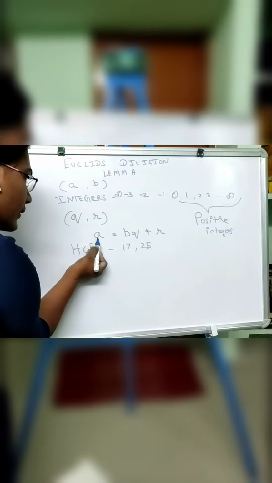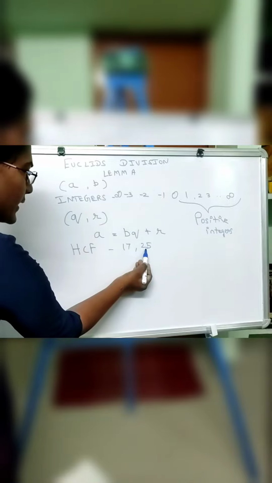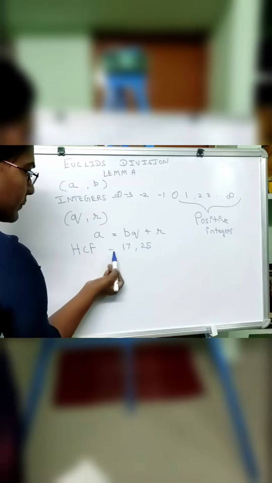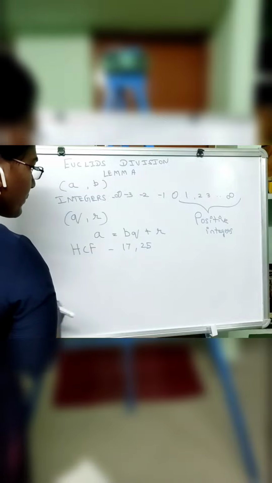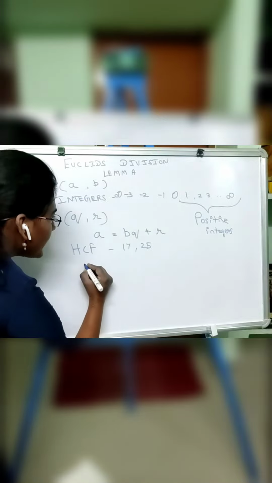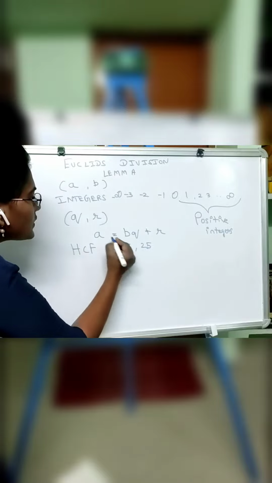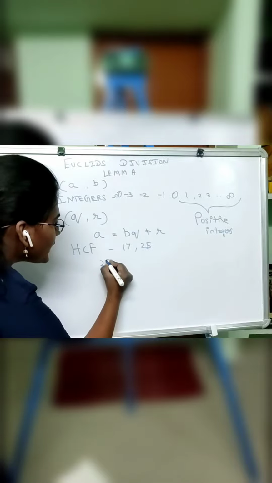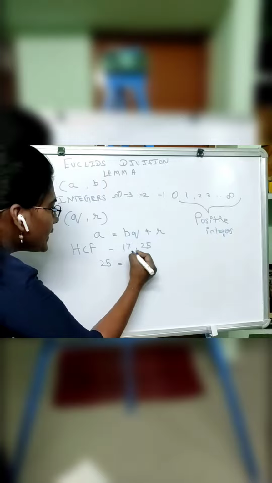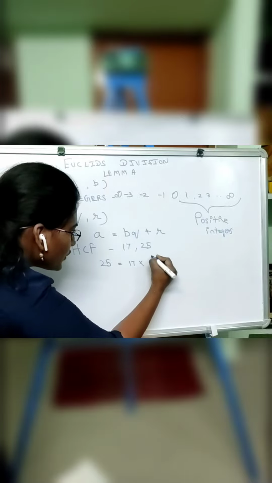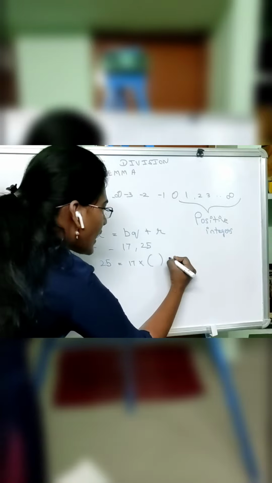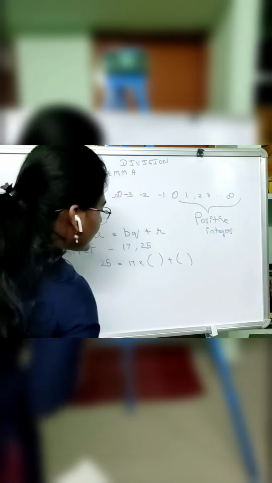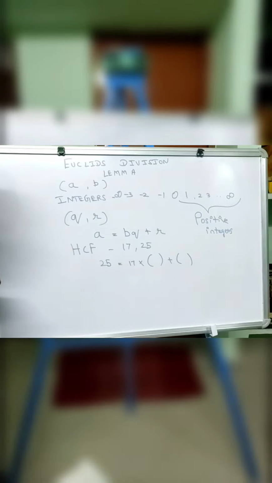So A will have this bigger number and B will have this smaller number. So if we substitute in this equation, 25 equals 17 into Q plus R, where Q is the quotient and R is the remainder we get from dividing these two positive numbers.